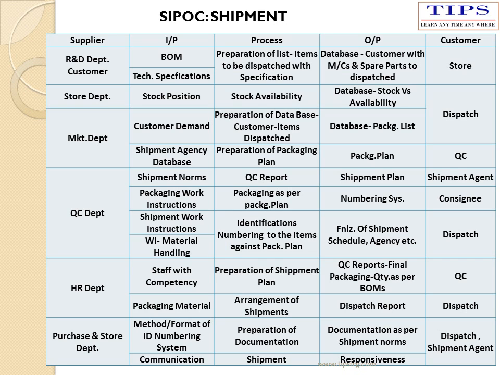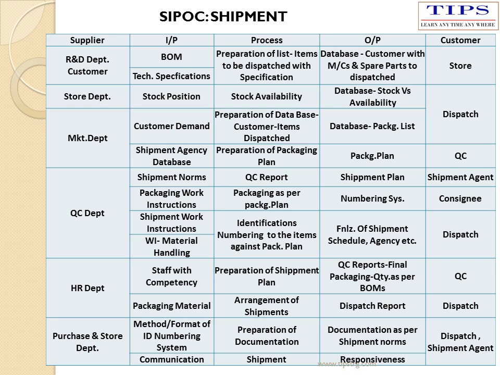Now, for each process, you have to identify the output. For example, preparation of list of items to be dispatched. The output is a database for the customer with machinery and spare bags. For this output, the customer is the store.